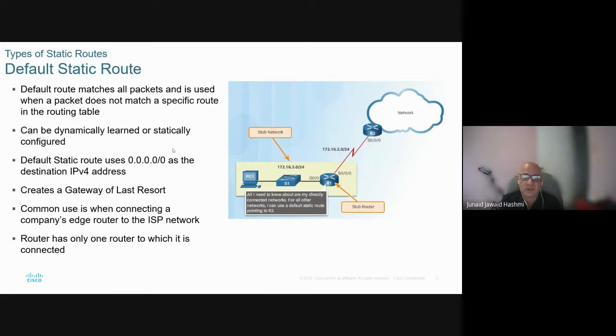How do you access Google? How do you access Facebook? How do you access the Cisco site? Because if the router does not find the destination address in its routing table, it discards the packet. Okay, it will not forward it. It will just discard the packet. So you will not be able to go further.